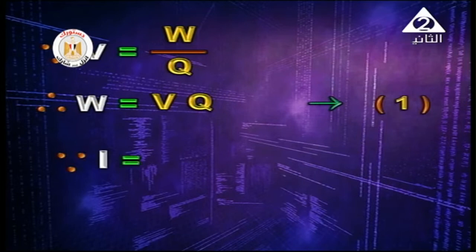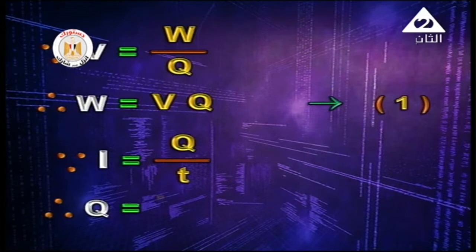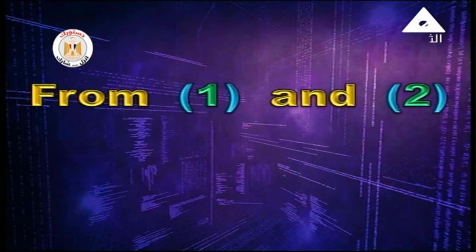Since current intensity is given by Q over T, Q equals IT. This is the second equation. From equations 1 and 2, substituting for Q, W equals VIT.